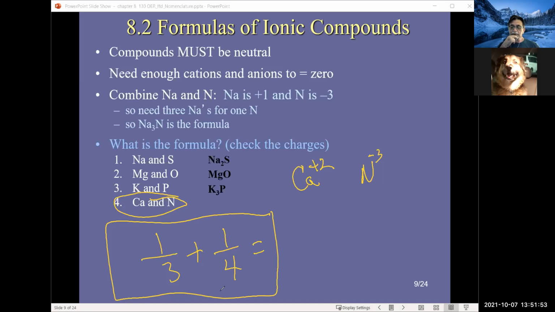We got 1/3. Now, what if your boss said, okay, I'm going to give you 1/3 of a check plus 1/4 of the check? Did you figure out how much money you're going to get at the end? Yeah, you probably could. So how do I get that fraction? Come on, give us some thought here. How do I add 1/3 plus 1/4?